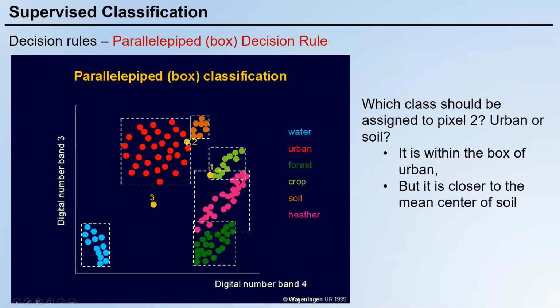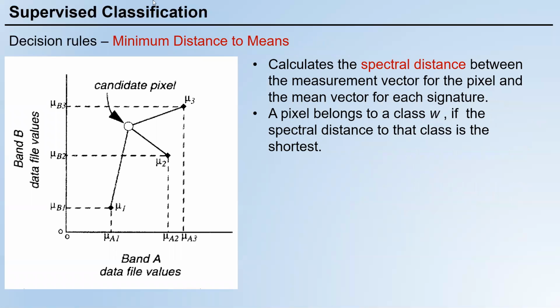Actually, the method I mentioned here about distance is another method I'm going to introduce. It's called minimum distance to means, or to centers of boxes, or centers of classes. Here, for example, this big circle is the candidate pixel. We need to assign a class to this pixel.